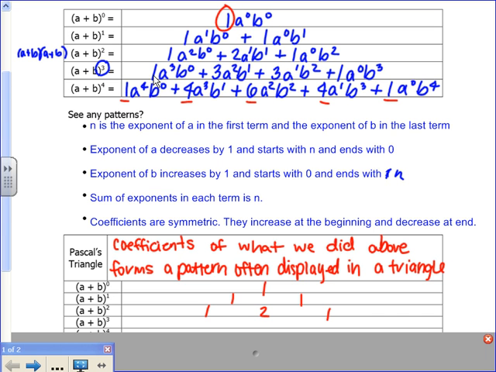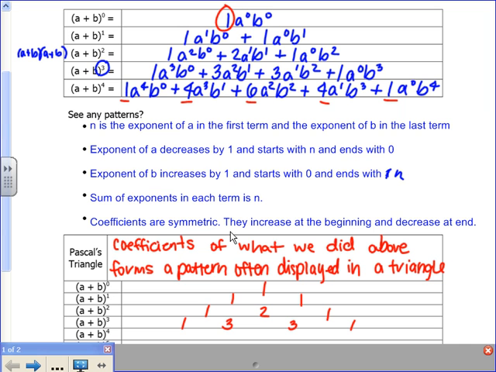Next line down, 1, 3, 3, 1. And the last line that we did above, we have 1, 4, 6, 4, 1.